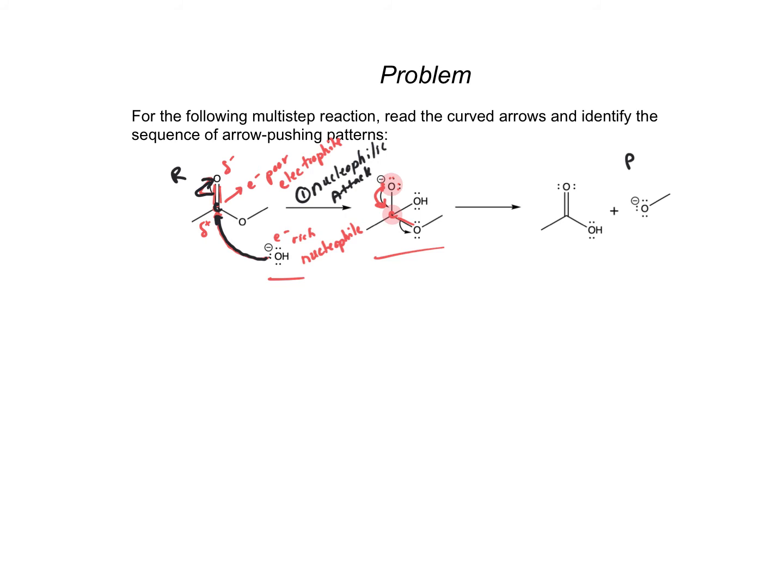And so as a process, we're going to lose this guy. So the bond between this carbon and this oxygen is breaking. Those electrons are going with this methoxide group.